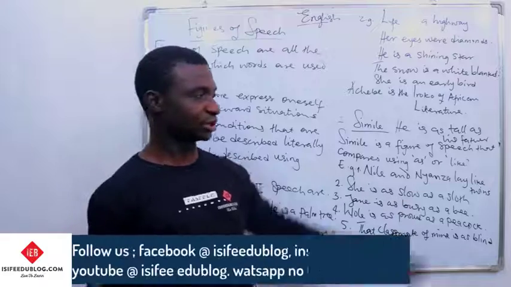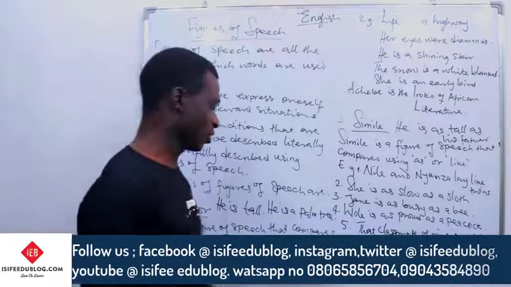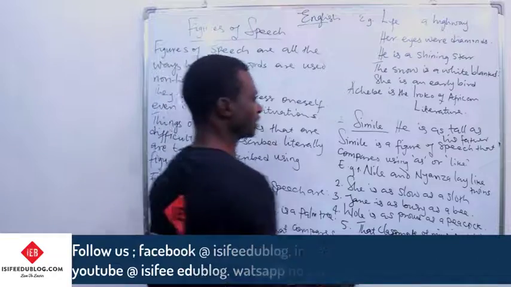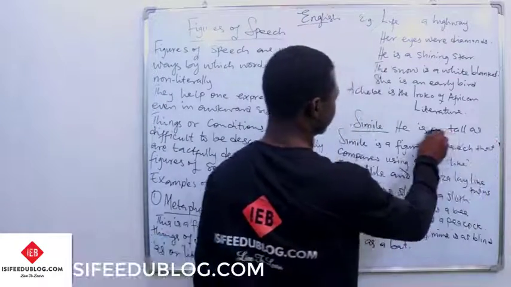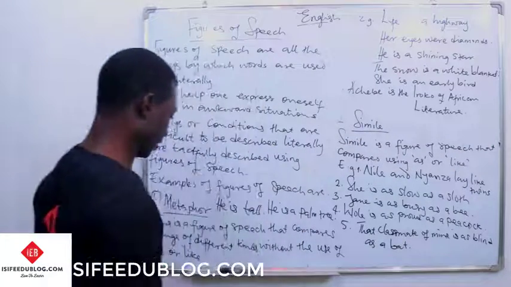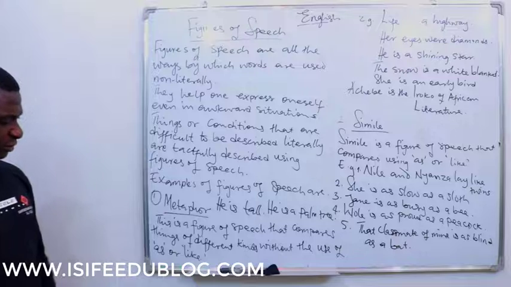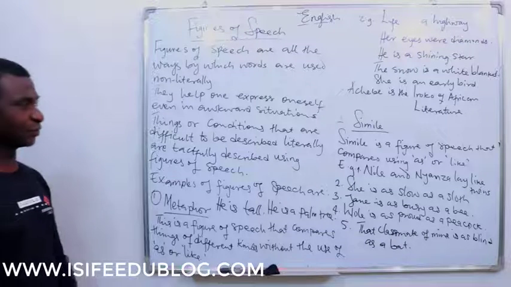So, please don't compare. If you want to use simile and metaphor, don't compare using the same species. Use things of different kinds. Okay. Now, our examples of metaphor will show you this.